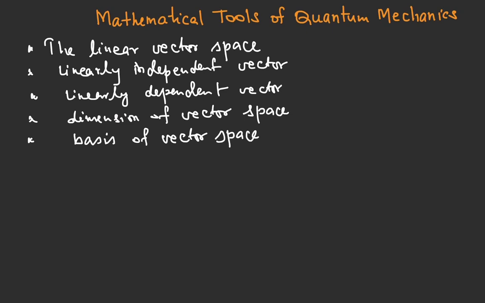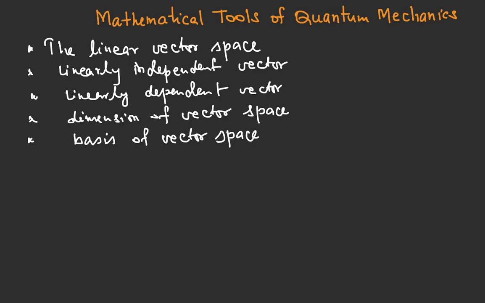The mathematical properties and structure of Hilbert space are essential for a proper understanding of the formalism of quantum mechanics. Quantum mechanics, as you know, was formulated in two different ways by Schrödinger and Heisenberg.